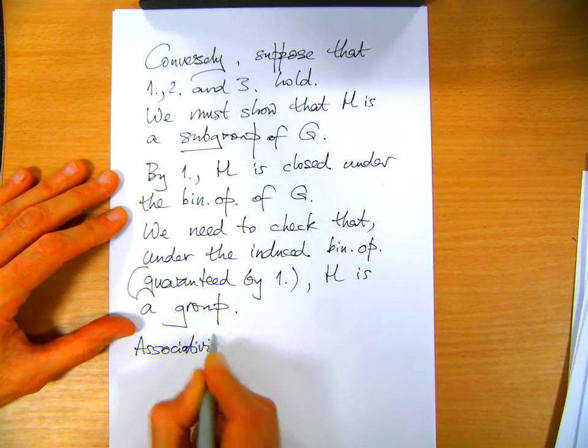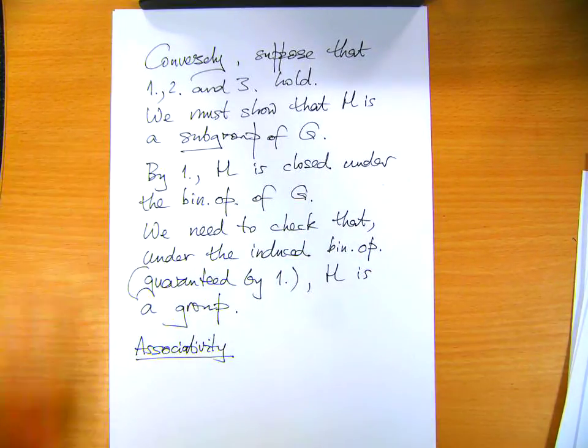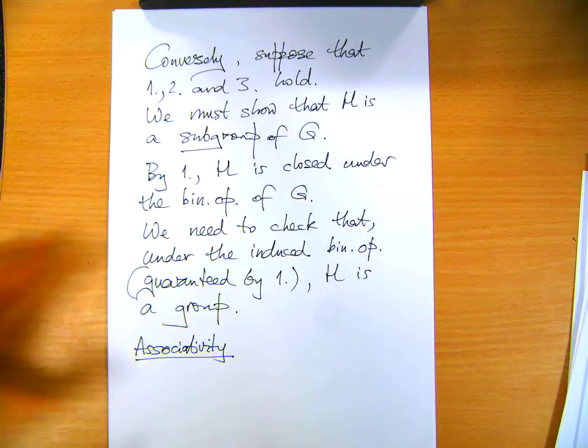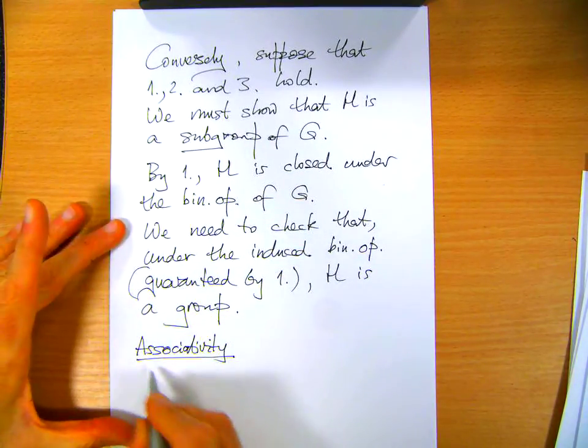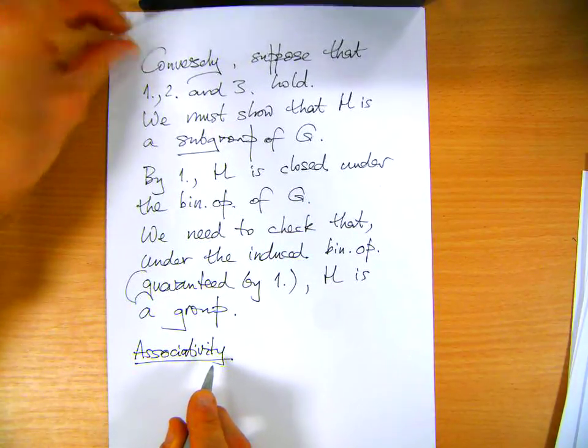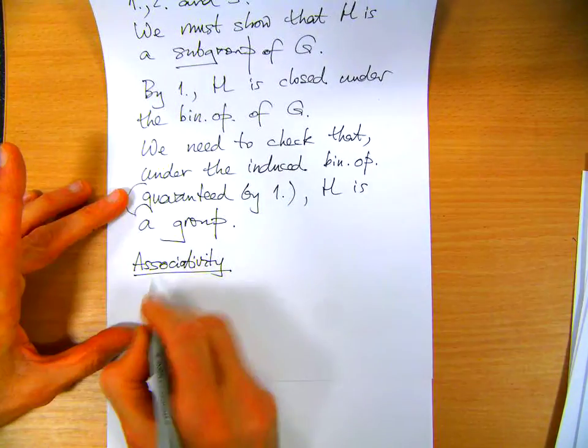That's curly G1. Well, this is something we get for free, because since the binary operation on big G is associative, then certainly the induced binary operation on H is associative. So let's just write that out, although perhaps we don't need to.